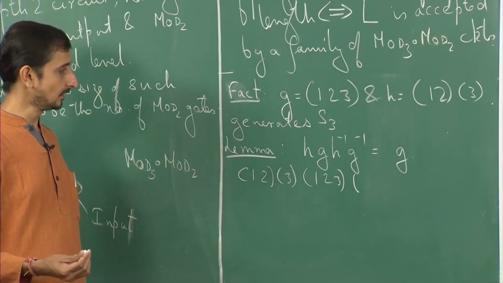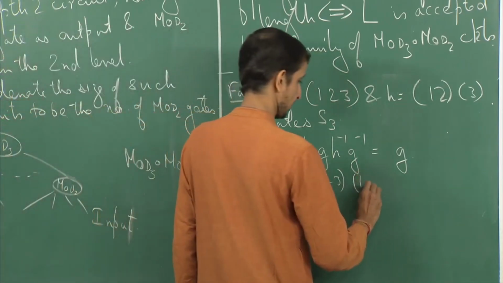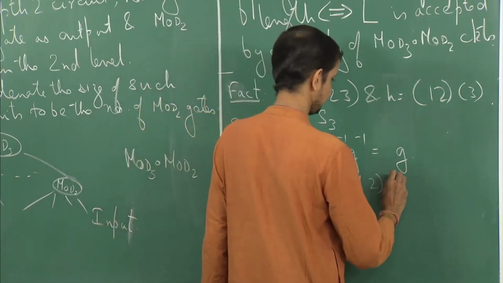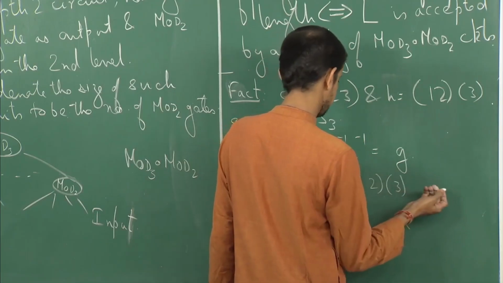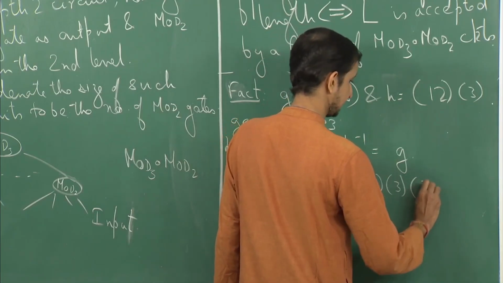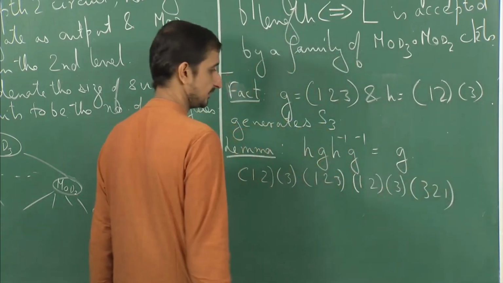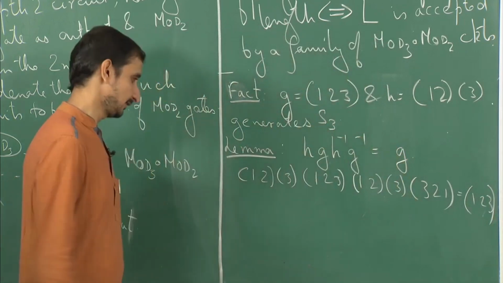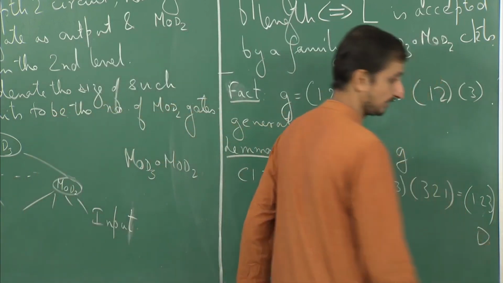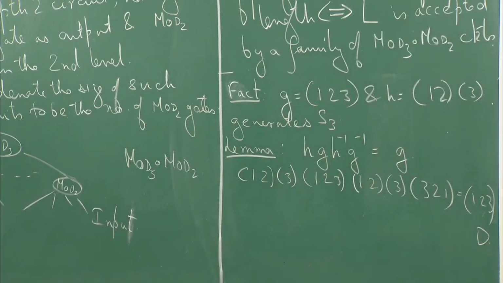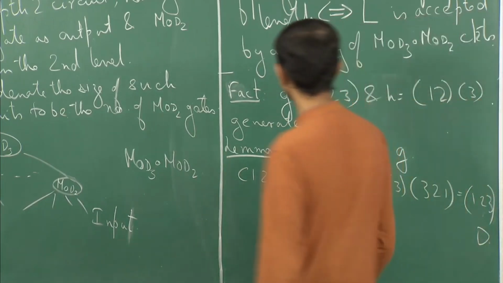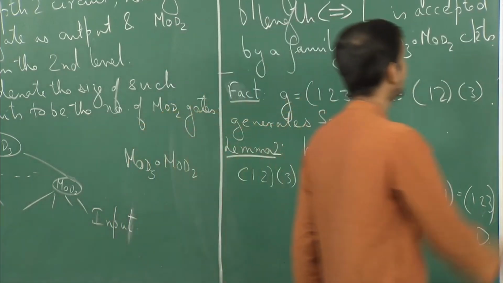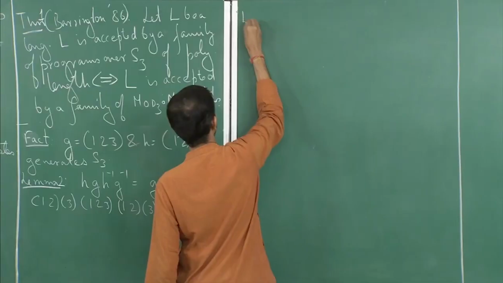It is H itself, because 1 is mapped to 2 and 2 is mapped to 1, so it is its own inverse, and G inverse is basically 3 to 1. If you actually solve this, it comes out to be 1 2 3 once again. Very standard. So let me call this theorem 1, call this lemma 2, and I will use a lemma 3.